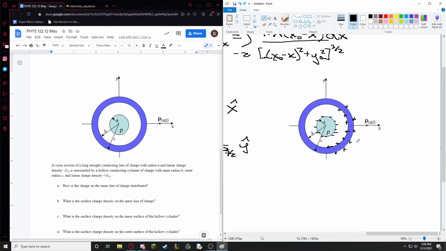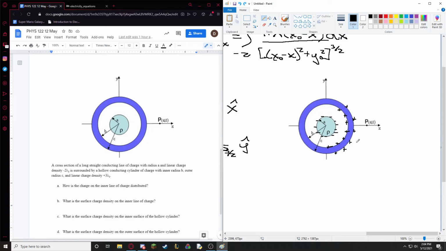I've always understood that it's 0 in the middle, but why wouldn't it be all of it? I'd say the charge is just on the edge. At least that's how I think about it conceptually.